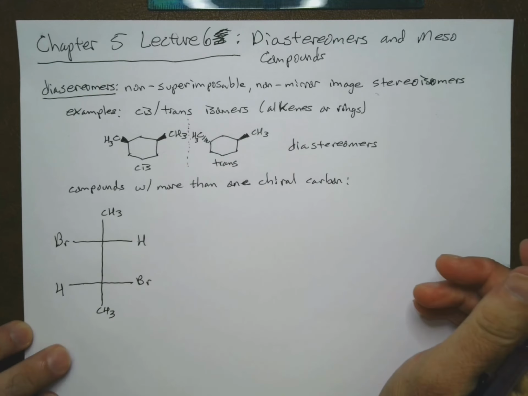All right, so I've made my enantiomers here. Now, again, it's not a meso compound. So let's make another pair of enantiomers. I'll do that, and then I'll do that.